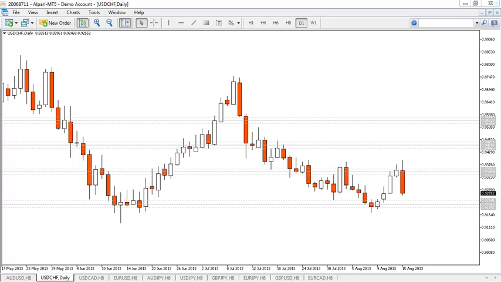So don't stay on demo for too long. Use demo to test strategies. Once you find a strategy that is working for you for just a month, switch to a live account with a very small amount of money, whatever you can afford to lose, because when you switch to live, you probably are going to start losing some money. So take it very easy, very slow, and slowly build your account.